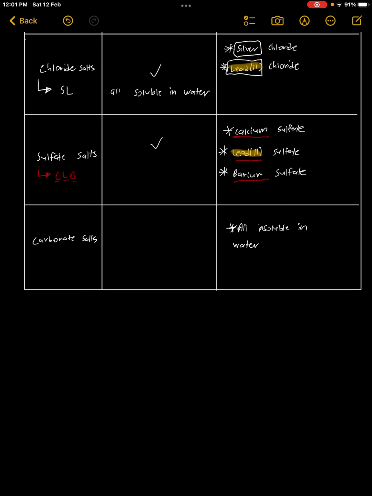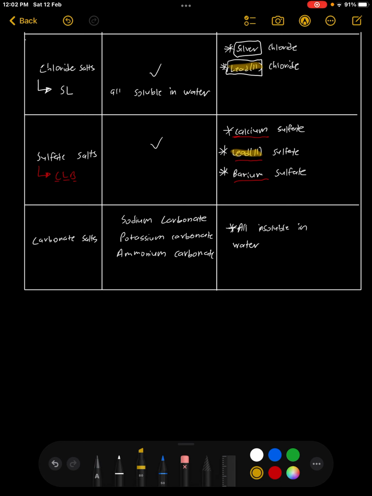These exceptions will be our SPA salts, S, P, A. Sodium carbonate, potassium carbonate, and ammonium carbonate. So please do remember to take note of these 3 SPA.